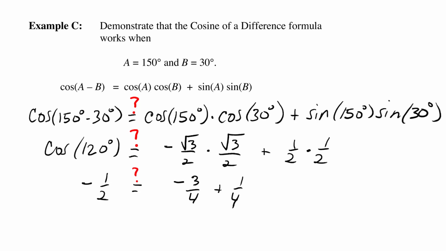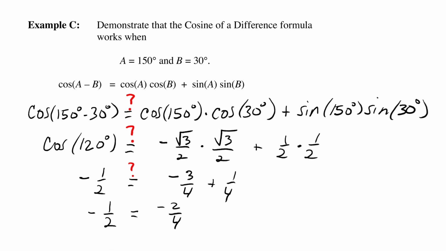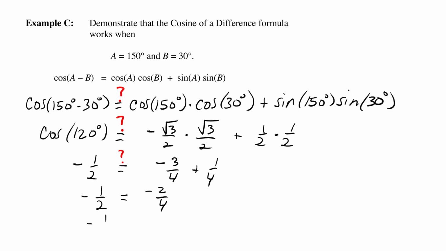Are they equal? Well, let's see, negative 1/2 equals negative 2/4 when we combine on the right side. And that simplifies to negative 1/2, so yes, they are equal. It's true. That's just one example that demonstrates the cosine of a difference is correct.